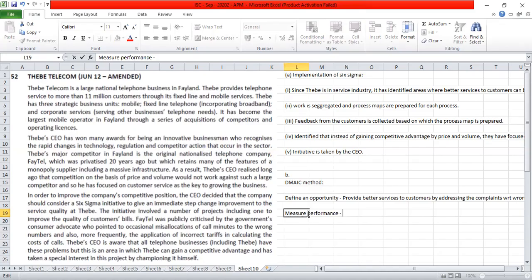How do they know what the performance is? What do you think the performance is until now? How do they know?